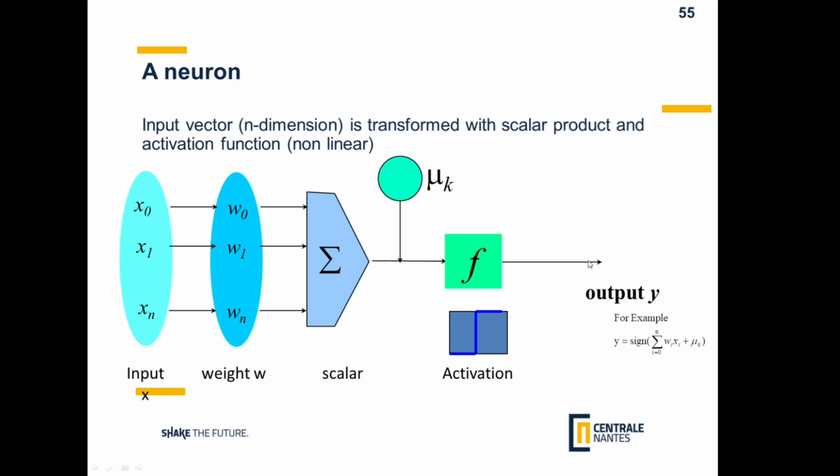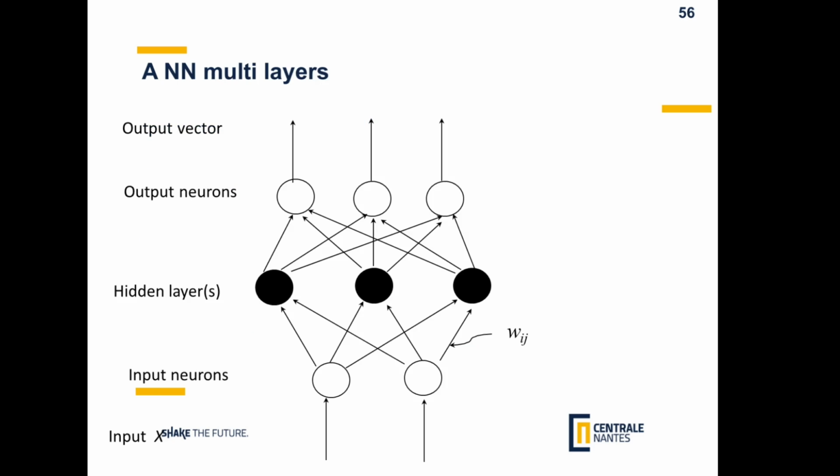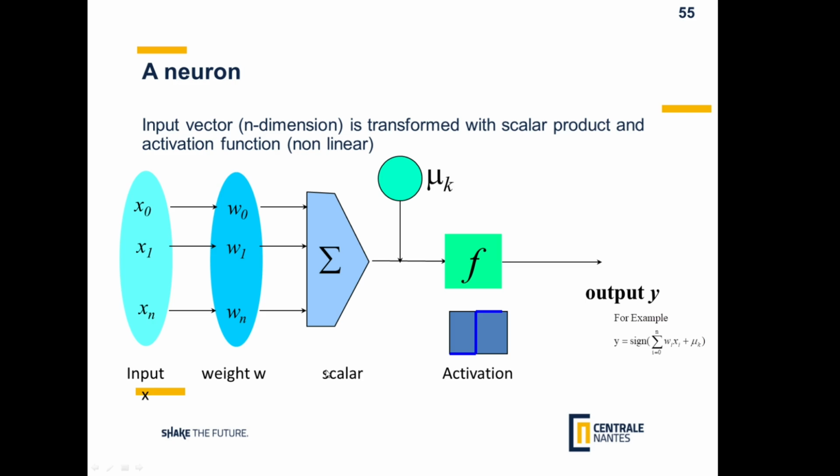And if you are building different layers of neurons, then you will be able to obtain different values each time that you will be able to combine and have a complex output vector. So each of the neurons is based on this structure.